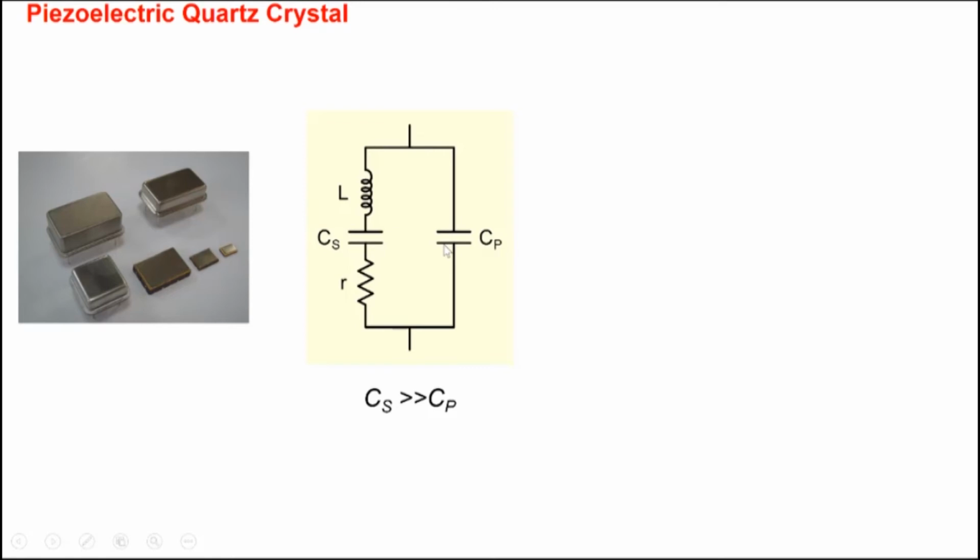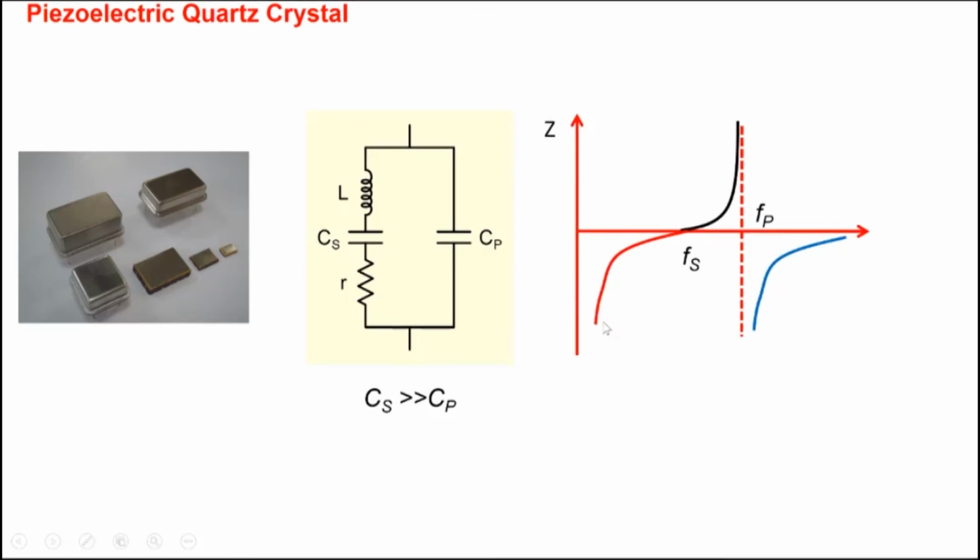If we plot the impedance, we'll see that it acts capacitive at first, and then as you raise the frequency, this part becomes inductive, and very quickly resonance occurs between these two, and then again this part begins to dominate and the circuit becomes capacitive again. So the idea is that this circuit is inductive over a very, very narrow frequency range.